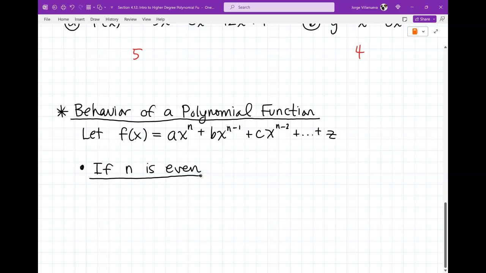Now n is my degree. So if my highest power is even, okay? So x squared, x to the fourth, x to the sixth, x to the eighth. If an even power is my highest power, all right? If n is even, and then here's the first part here.